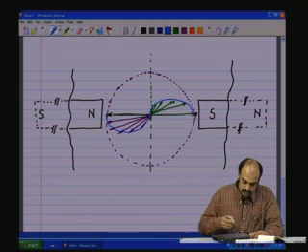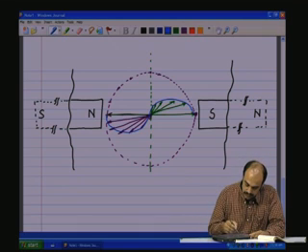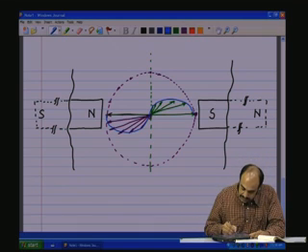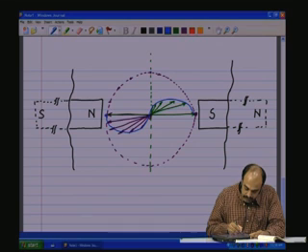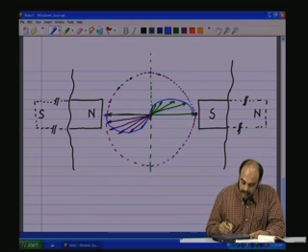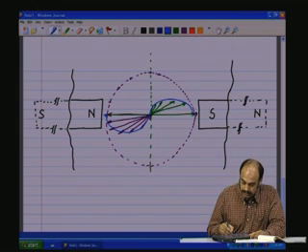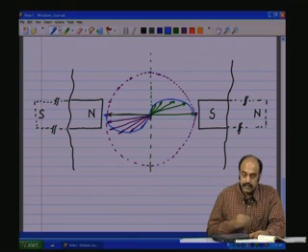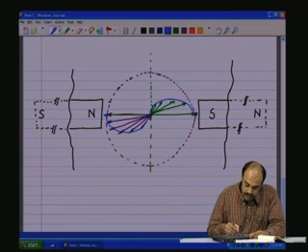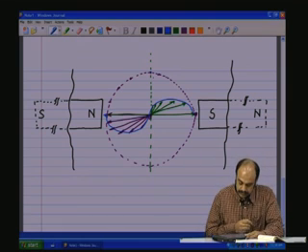Now, with a maximum when it is at the north pole, negative maximum when the point is at the south pole, and 0 at both the orthogonal points.